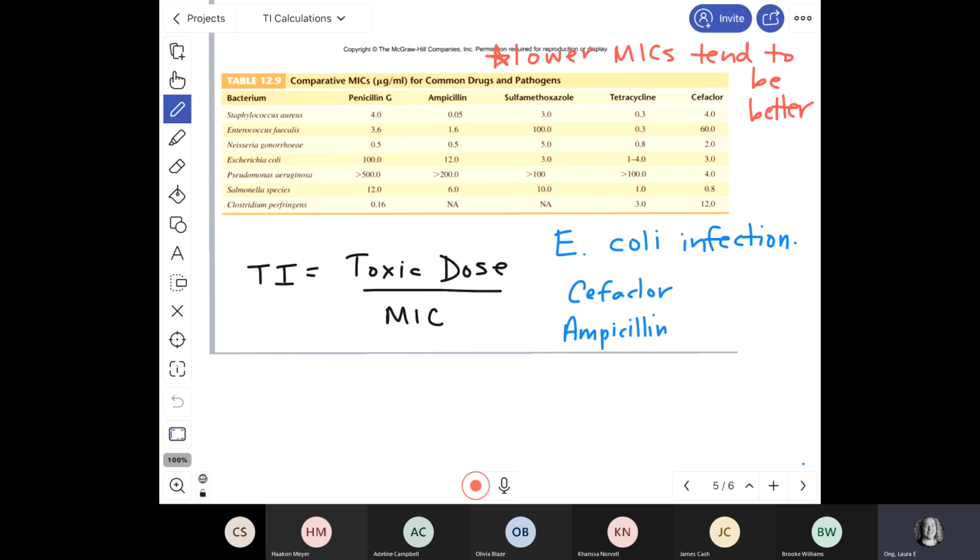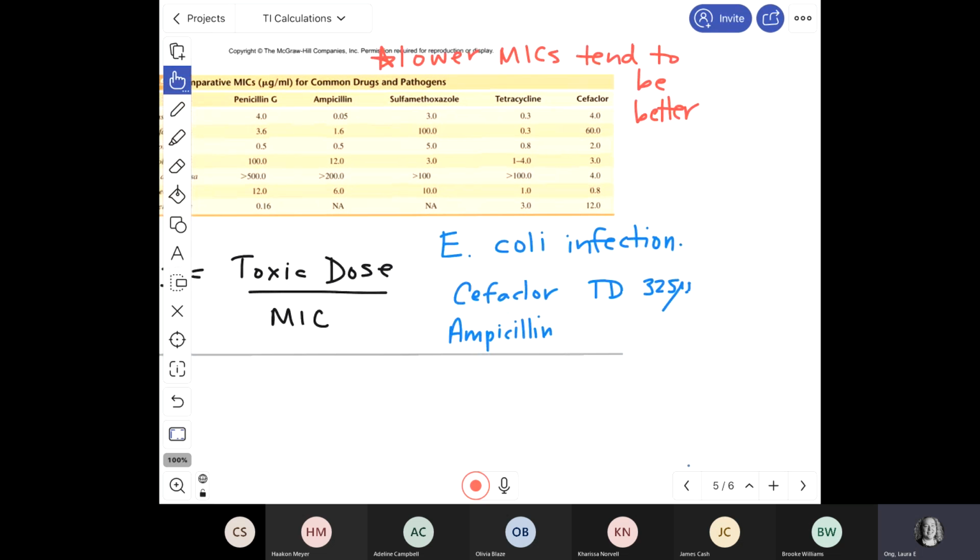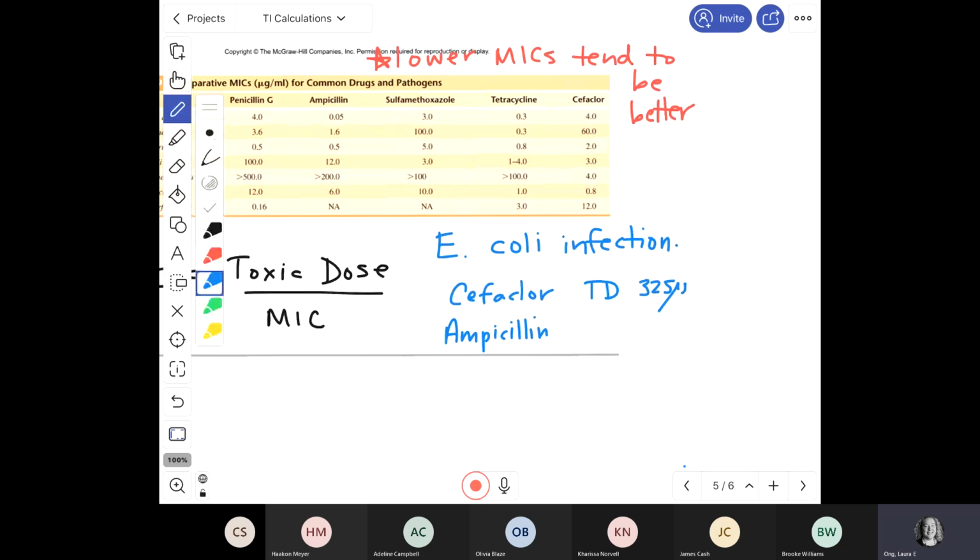Cefaclor has a toxic dose of 325 micrograms per mil. And ampicillin has a toxic dose of 790 micrograms per mil.